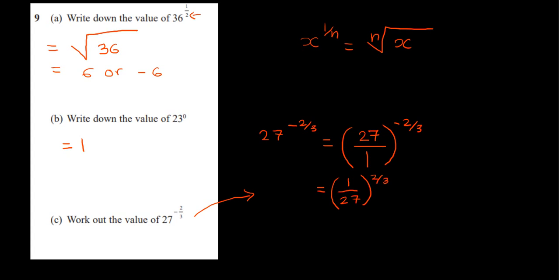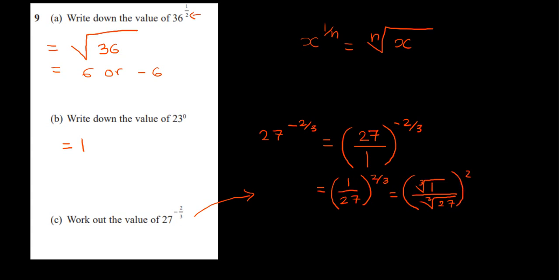Okay, then I get rid of the denominator. Remember I told you, whatever the denominator, it's that root. So the denominator is 3. So I'm going to do the cube root of the numerator and the denominator, cube root of 1 over cube root of 27, all of it to the power 2.